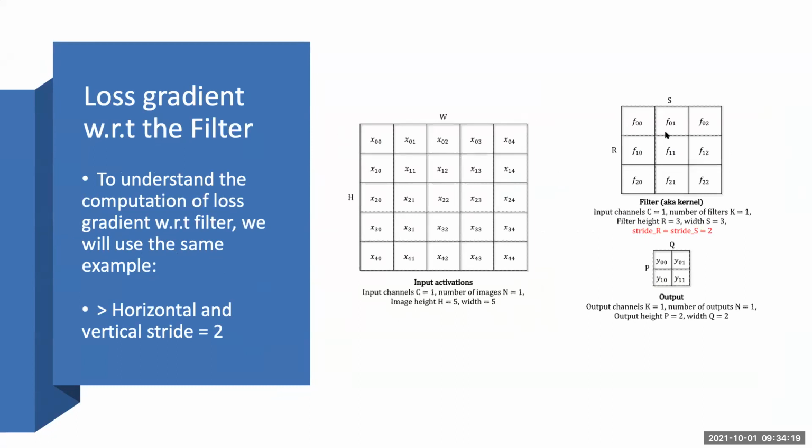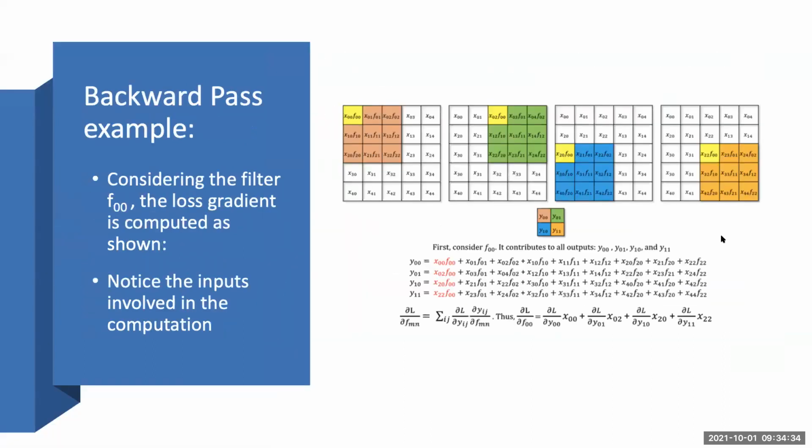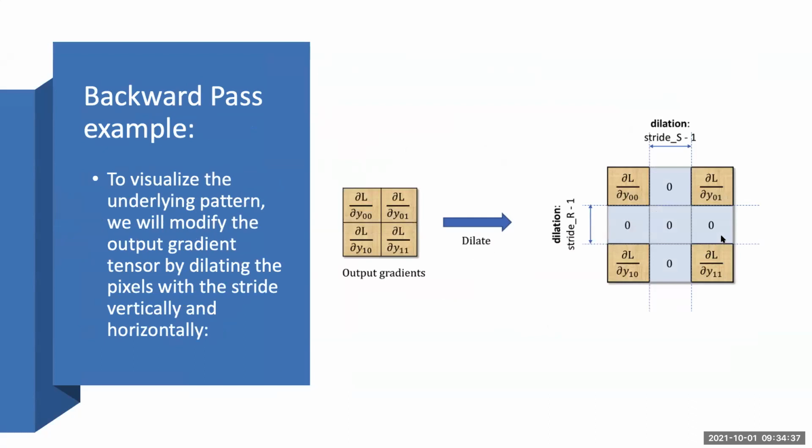The stride is 2, not 1. The stride is 2, not 3. Those are two different things. Stride S is different from S itself. So you expand, you only dilate the output gradient for the loss with respect to the filters.